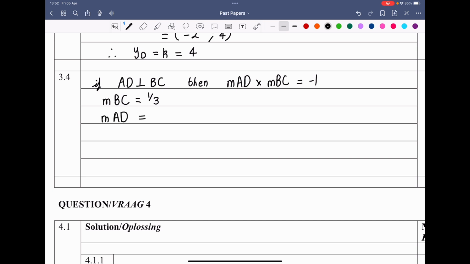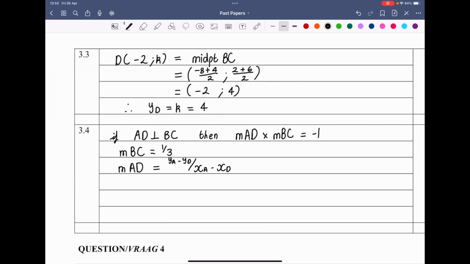In the exact same way, the gradient of AD is going to be the change in y over the change in x. So I'm going to have the y value of A minus the y value of D divided by the x value of A minus the x value of D. So I'll have y of A minus y of D divided by x of A minus x of D. Then I know the coordinates of A and D, so I can just substitute in these values.